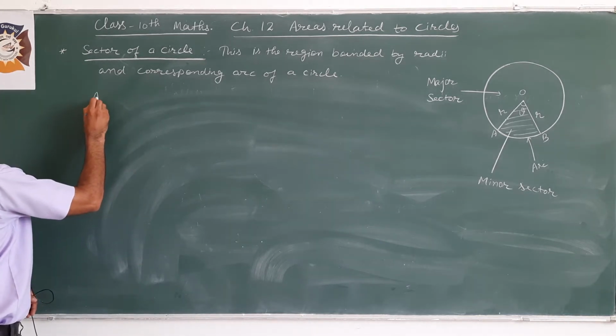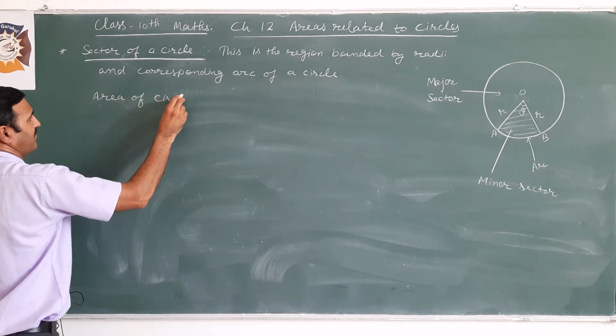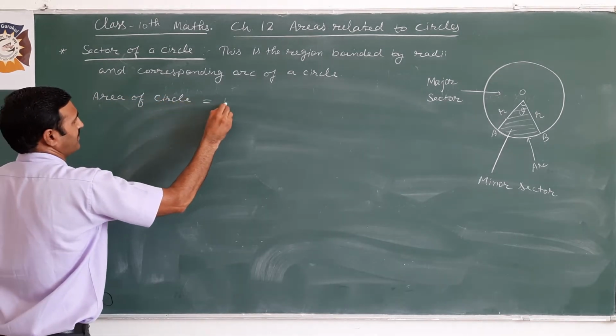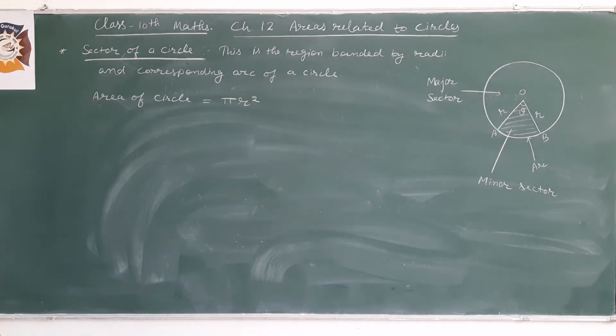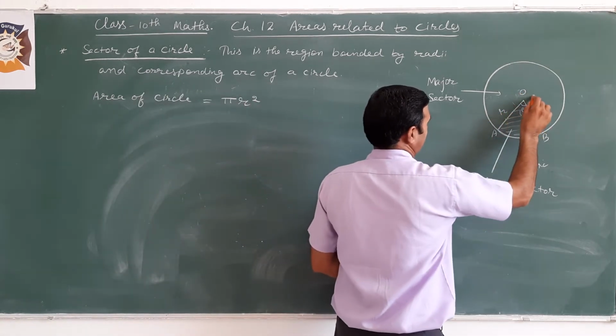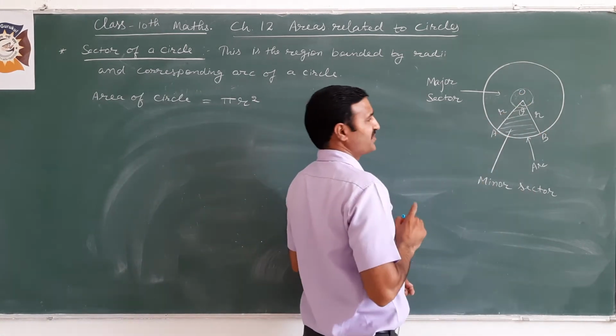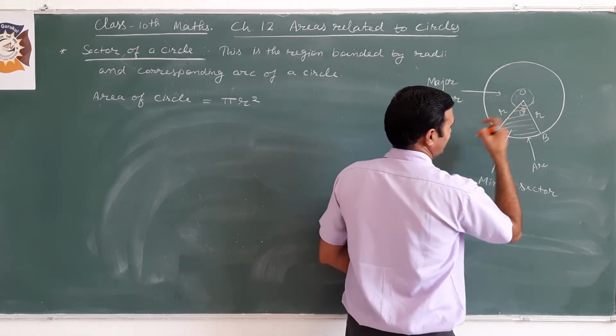So we know area of circle is pi r square, and this is the area for the central angle 360 degree. We know the complete angle is 360 and we have to find the area for the angle theta only.